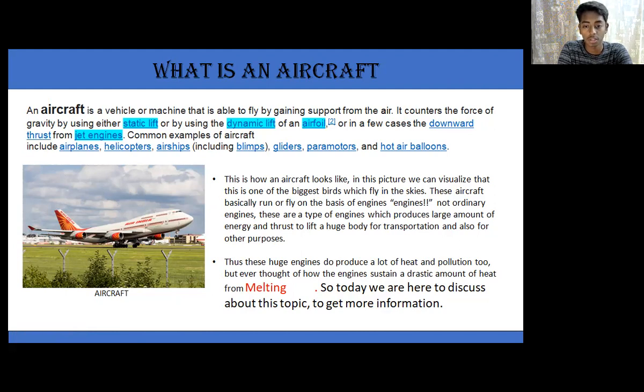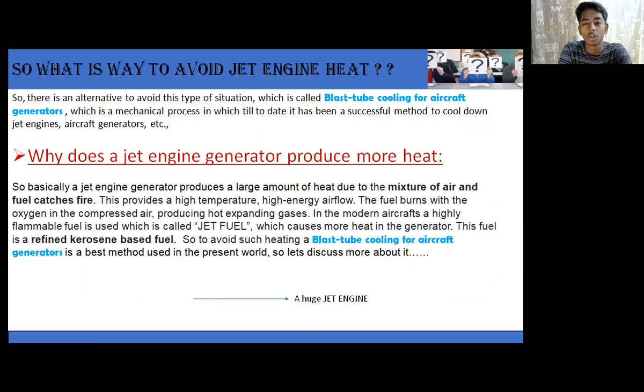Thus, these huge engines produce a lot of heat and pollution too. But have you ever thought of how the engine sustains a drastic amount of heat without the parts melting? Today we are here to discuss this topic to get more information. So what is the way to avoid jet engine heat?